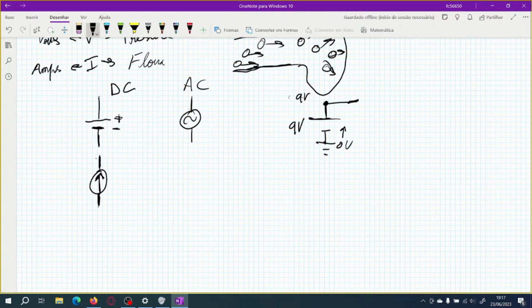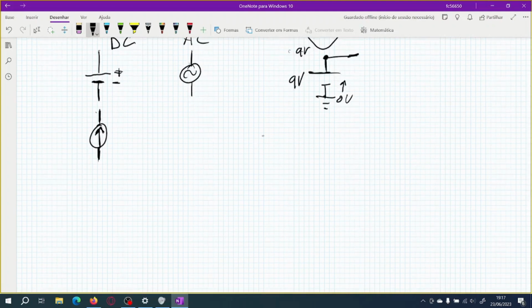For example, we can have a source that depends on the temperature, and that is good for building a thermometer. So we represent a voltage source which depends on other characteristics something like this.